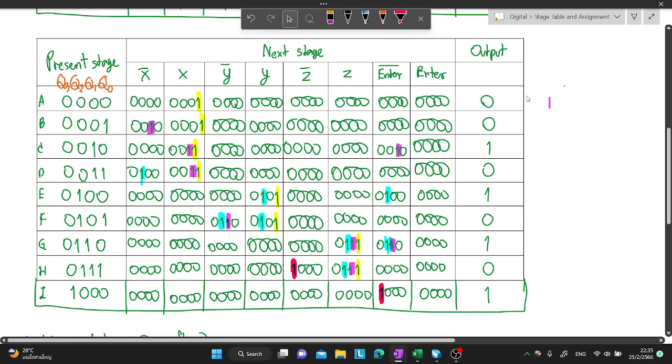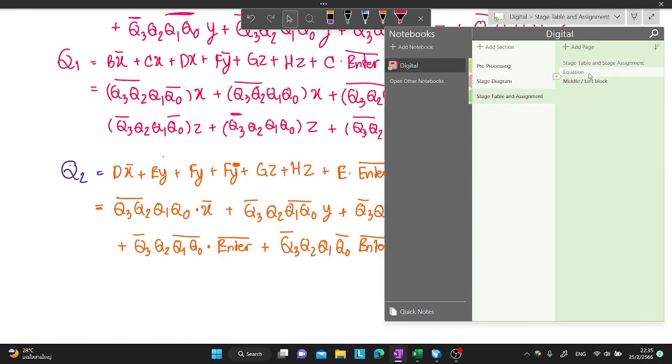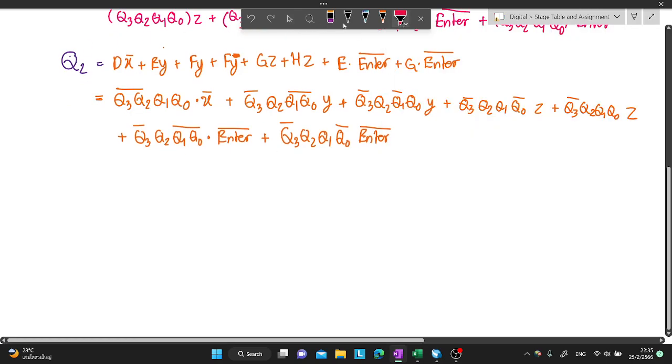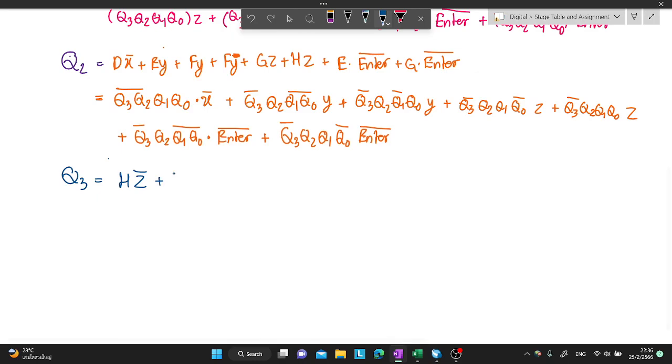It has only two equations, so it's going to be easy. Q3 has H, set, and I, and enter, and convert to logic equation again: Q3, Q2, Q1, Q0 set and Q3, Q2, Q1, Q0.